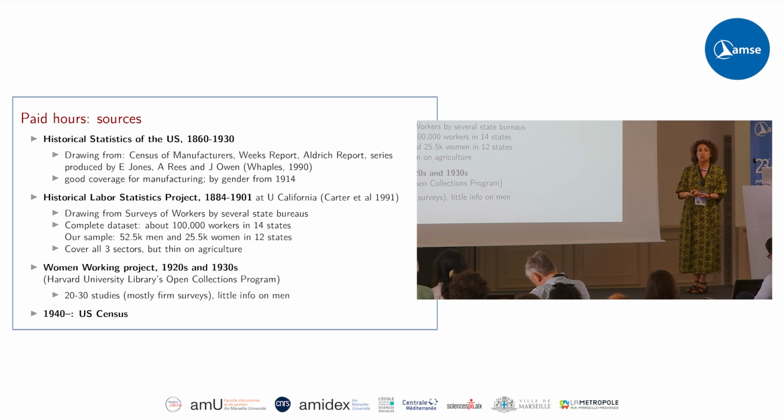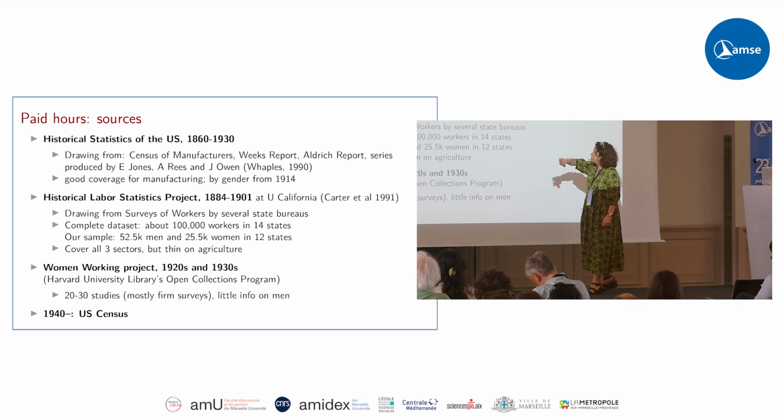And the reason is unsurprising, because the manufacturing sector was the first section of the economy that introduced structured work weeks, structured length, structured schedule, so it was easier basically to account for working hours. So the coverage of the manufacturing sector is actually quite good, and it's disaggregated by gender from 1914. There is very little on services here, or nothing at all.